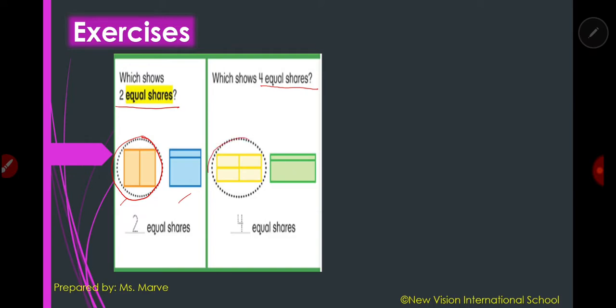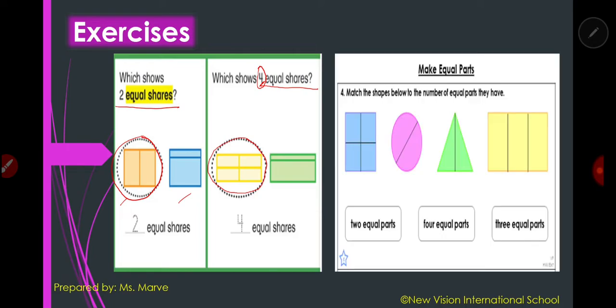Great, it's the first one. You can just count the number of shares and determine whether it is 4 or 2. But we are going to find the 4 equal shares. So circle the first example.